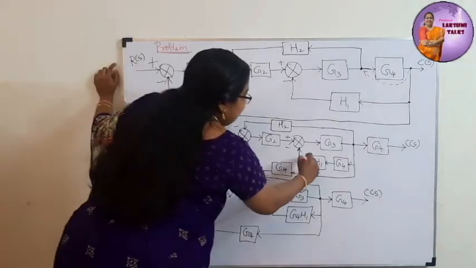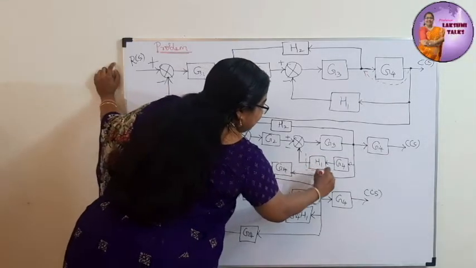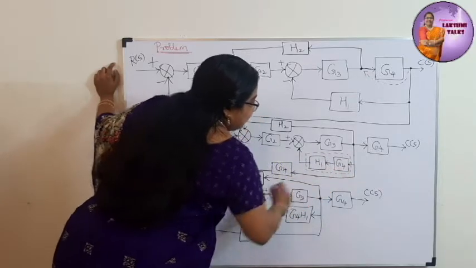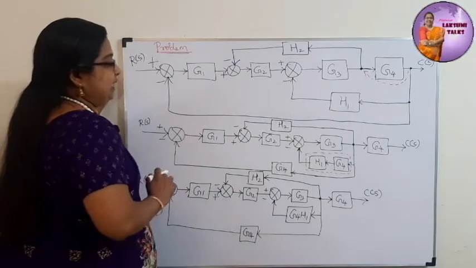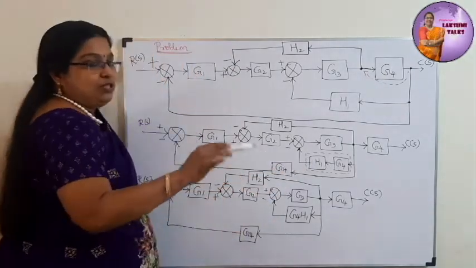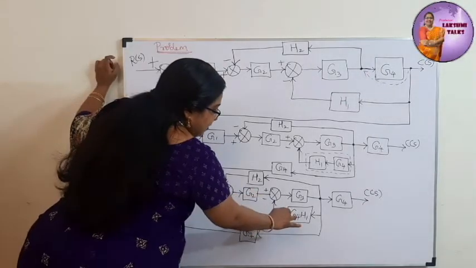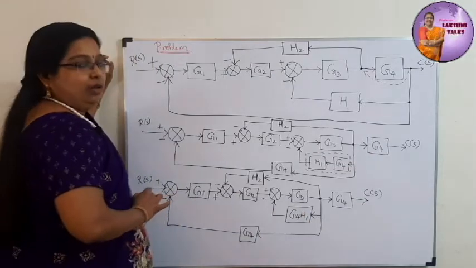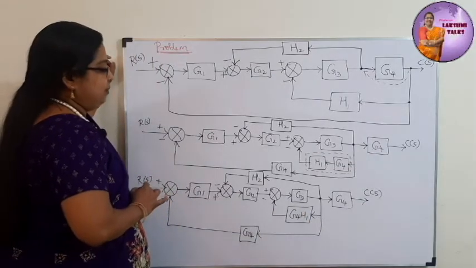So we need to highlight them. Series means we need to just multiply. So here it is multiplied: G4 H1.